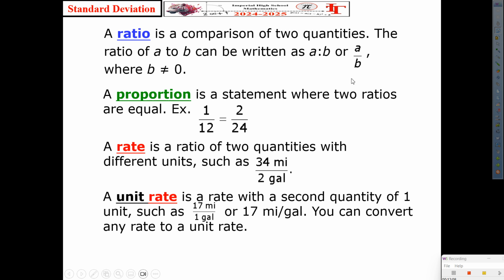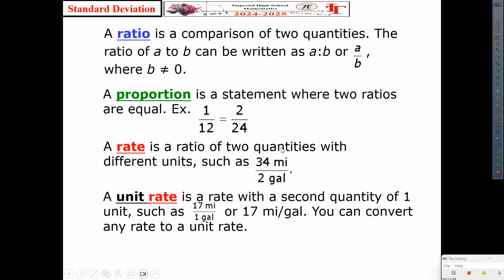For a proportion, a fraction equal to another fraction. A rate is a fraction using two different measures, like miles per hour or miles per gallon. For a unit rate, one of these has to be a 1, and notice the bottom one was a 1. That's the unit rate.